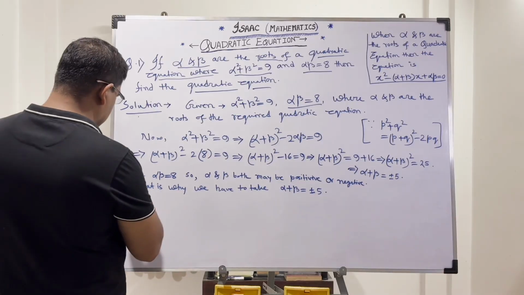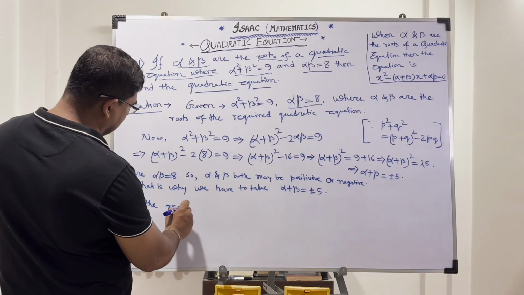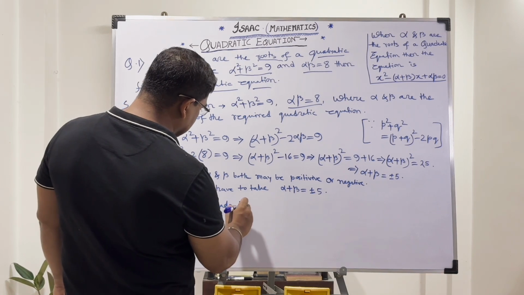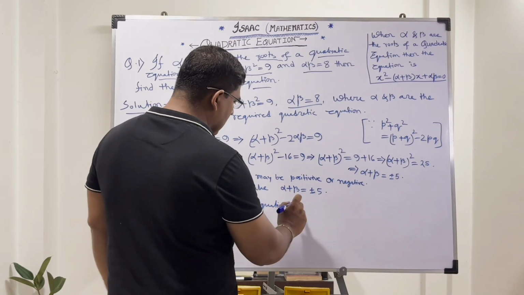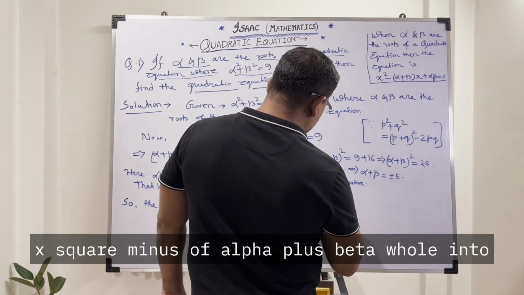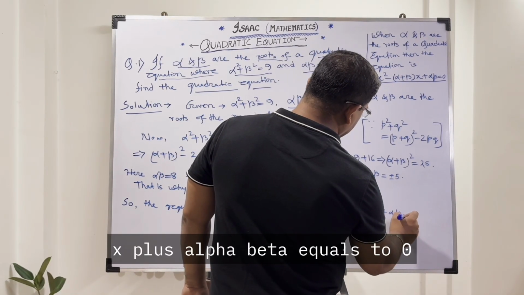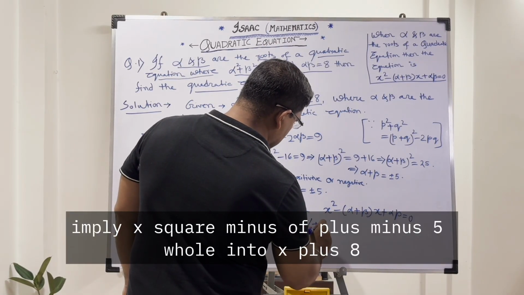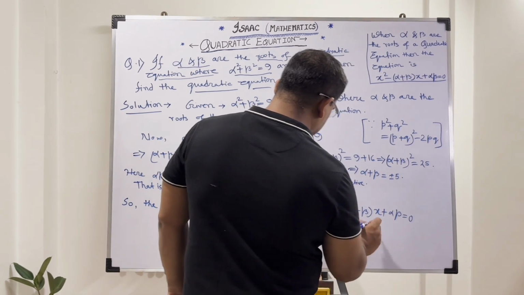So the required quadratic equations are x square minus of alpha plus beta whole into x plus alpha beta equals 0, which implies x square minus of plus minus 5 whole into x plus 8 equals 0.